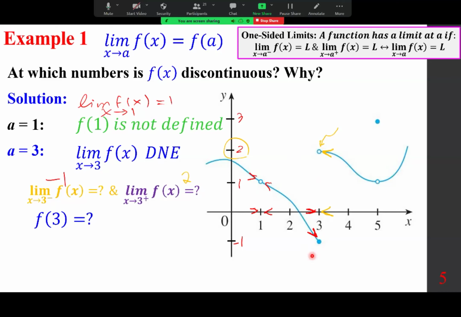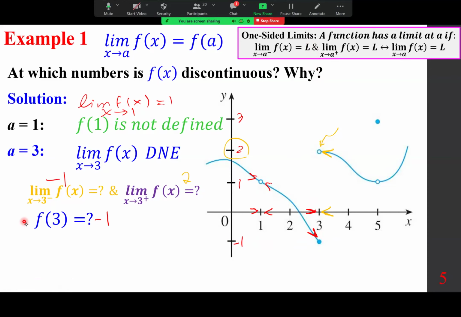Look for a solid point. Do you see a solid point? This one. -1. Excellent. So the answer is the y coordinate of the solid point. So this is equal to -1. So again, f of 3 is also defined.